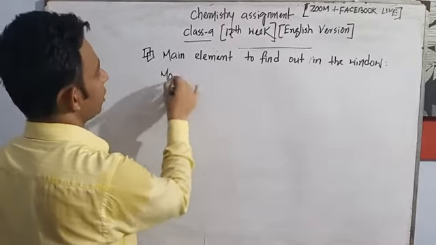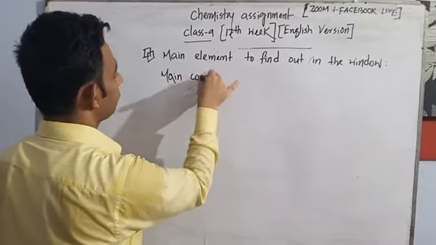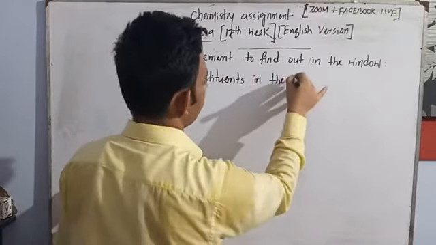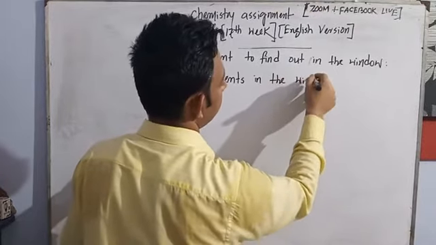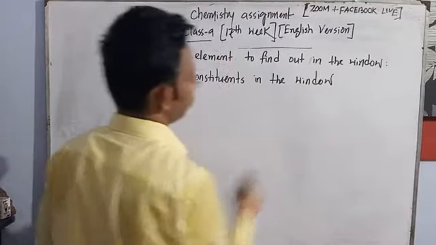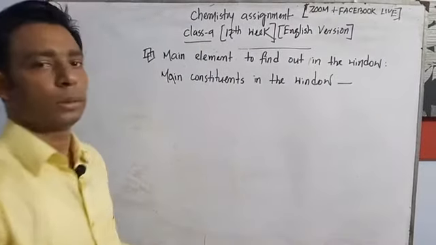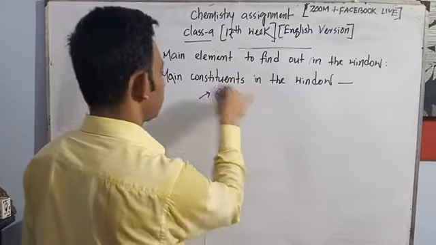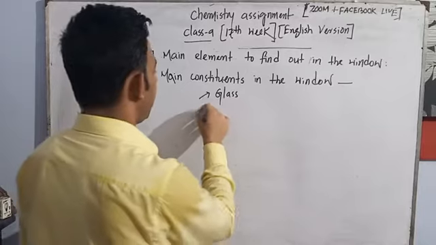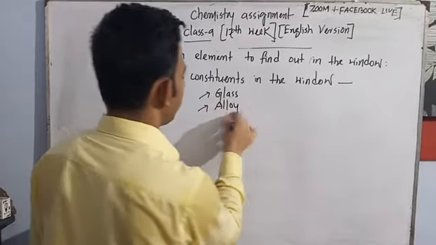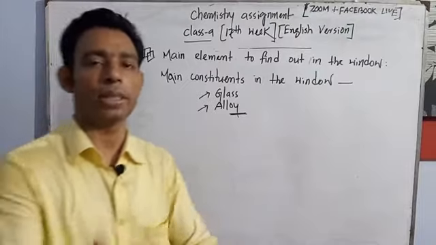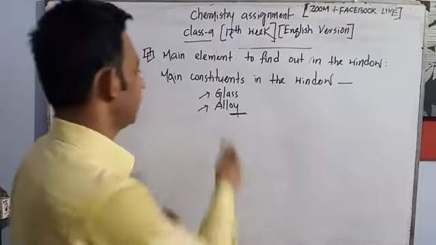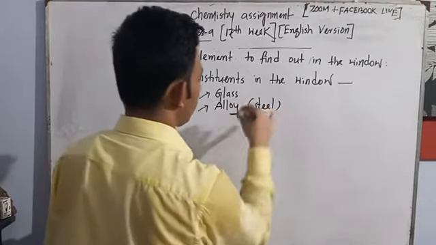Main constituents in the windows: glass and an alloy. An alloy is made of more than two metals. Okay, steel, better to write steel there.